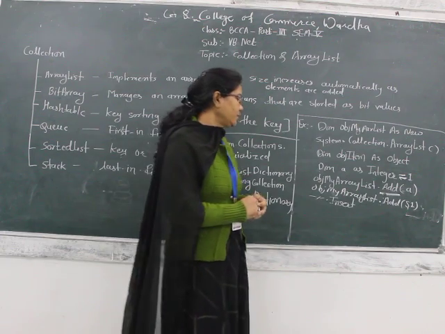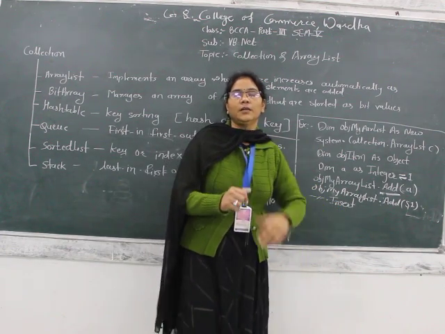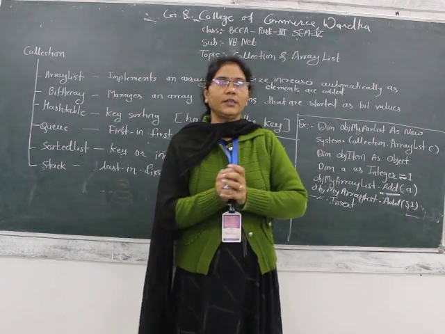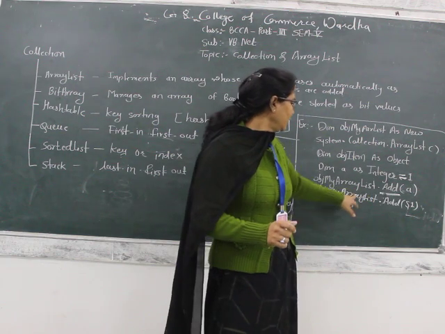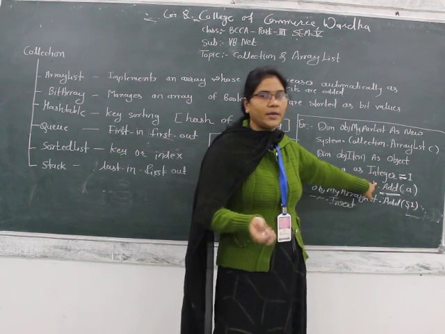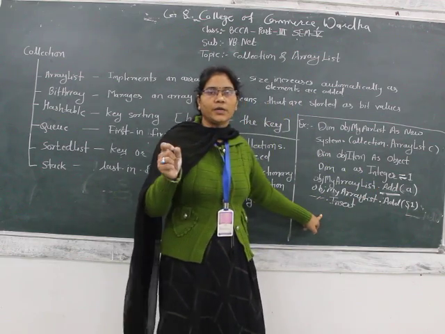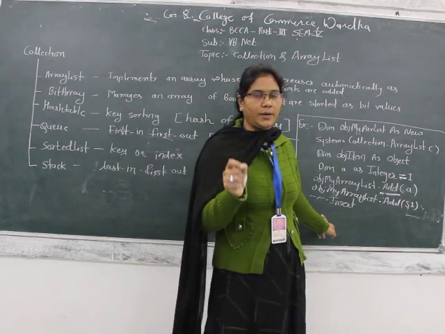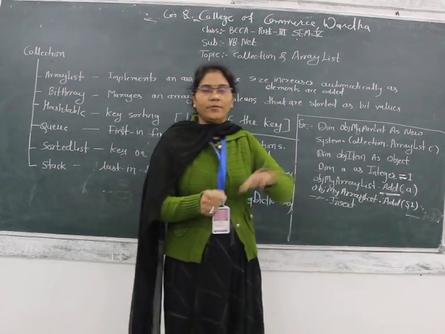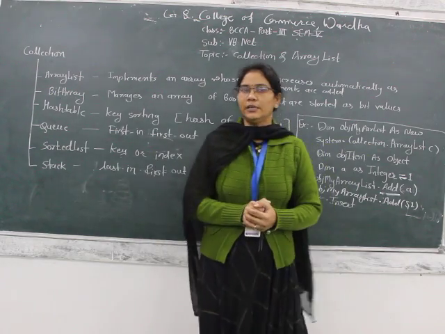The next one is Insert. This object name dot Insert method is used for inserting an element into the already created array list. So by using the Add method we can add any number of elements, but by using Insert we can insert the element at the appropriate index by providing the index. Likewise we can delete an element from the array list by using the delete method.